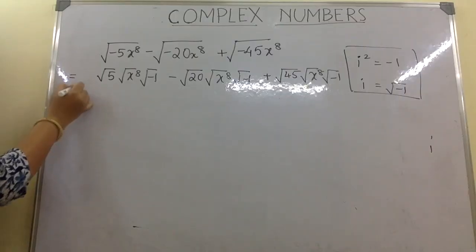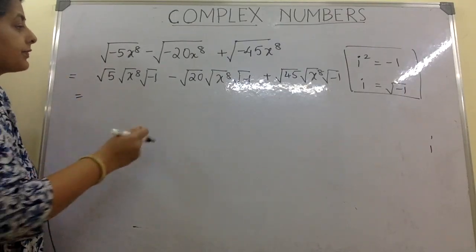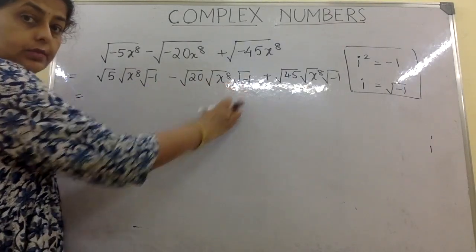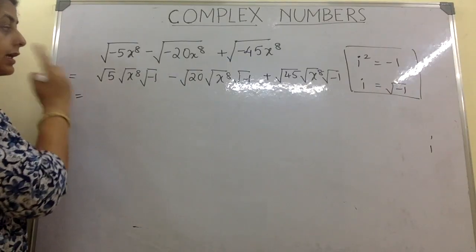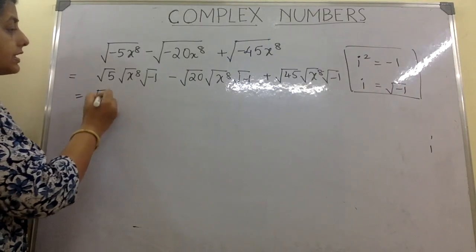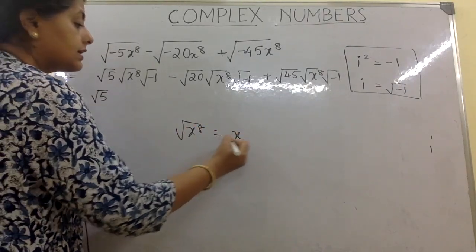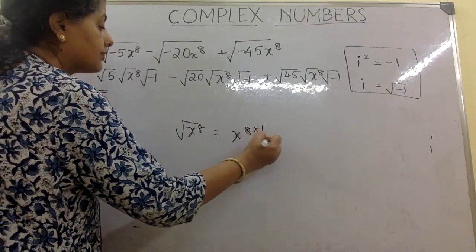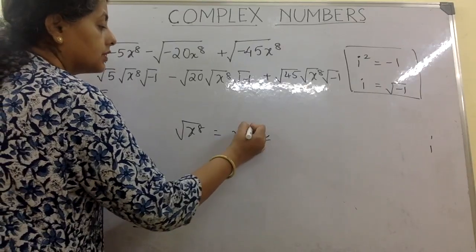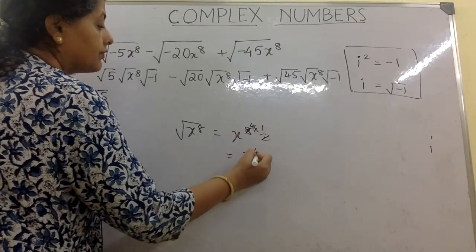Now how to simplify this? The minus 1 is an i. Now I have a root 5 here, and root x to the power 8 is x to the power 8 into half, any square root is a power into half, so x to the power 4.